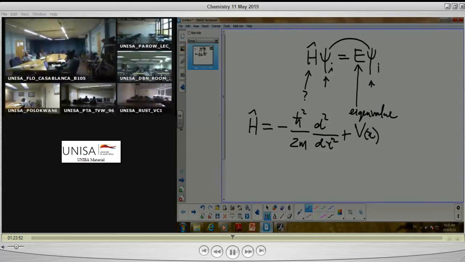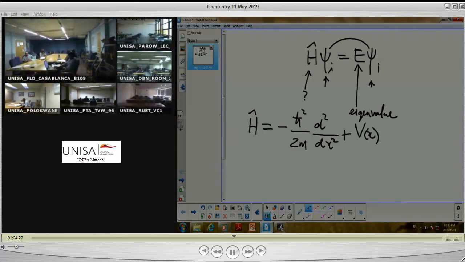Now if we say we are looking at a free particle, what do we mean by free particle? We mean one that is experiencing no external interference. A free particle is not like us. We are under the influence of gravity here, so we are not free. One that is free is in space, with no field around it.